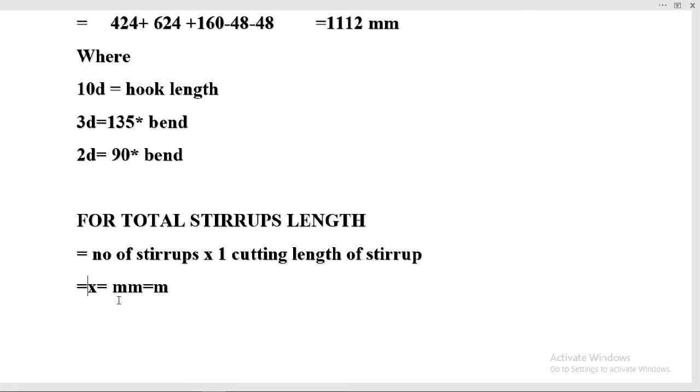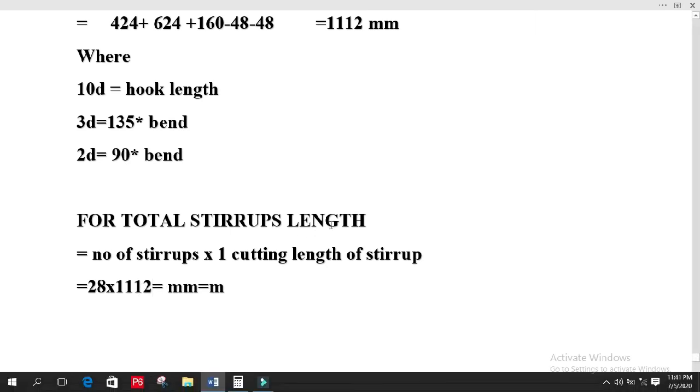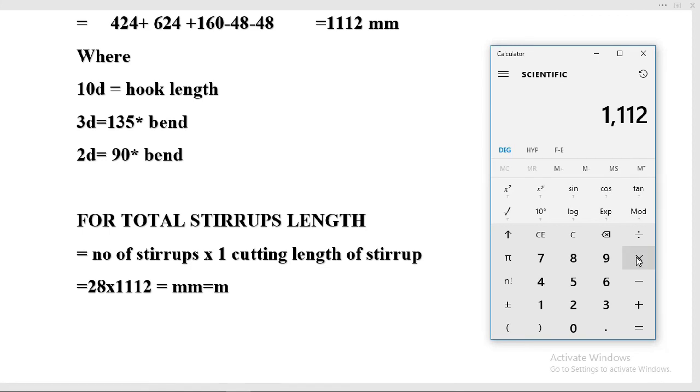Total we have 28 stirrups multiplied with the one cutting length, 1112 millimeter.